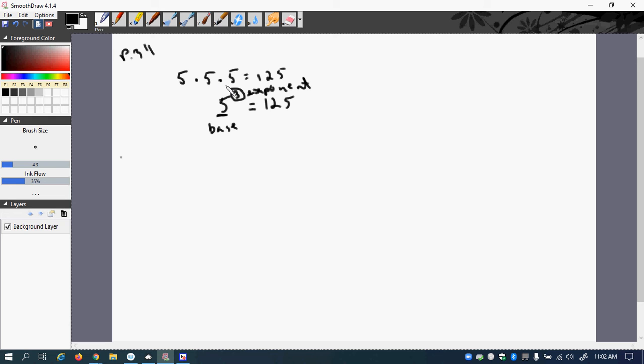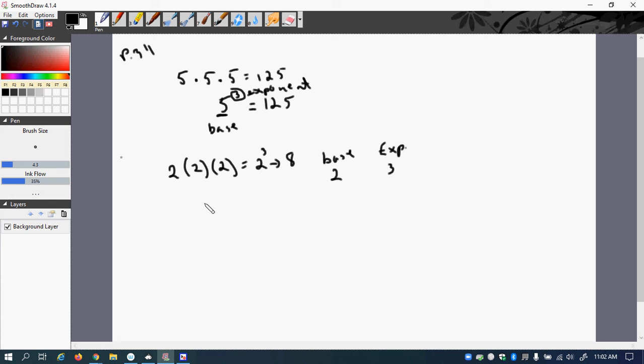So some examples would be 2 multiplied by 2 multiplied by 2, which is really 2 to the third, which gives us an answer of 8. So the base for this one is 2, and the exponent is 3.